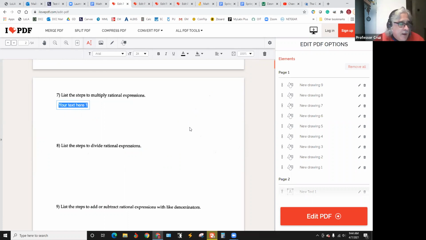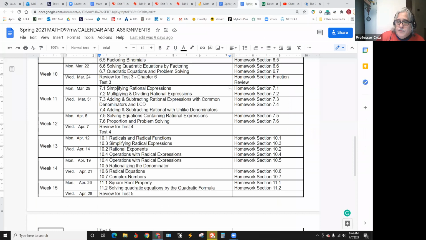All right, so the first thing we got to do is, all right, so if 7.3, we had adding and subtracting with common denominators already. And then in 7.4, when we have unlike denominators, we got to find a common denominator.